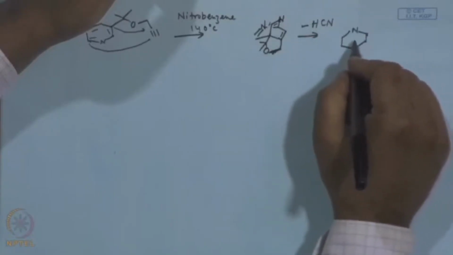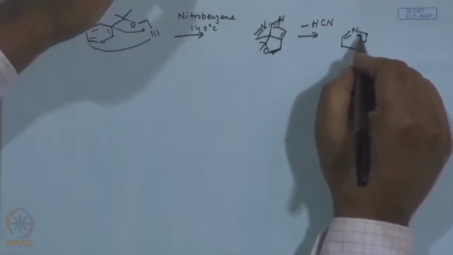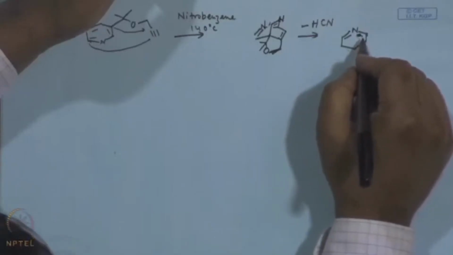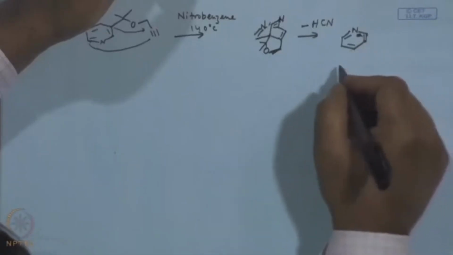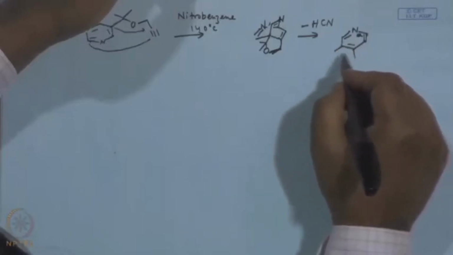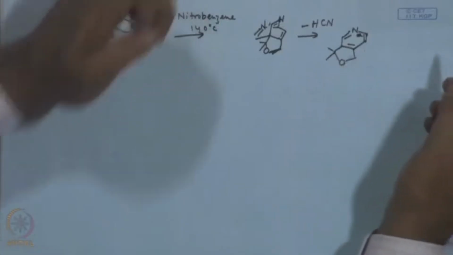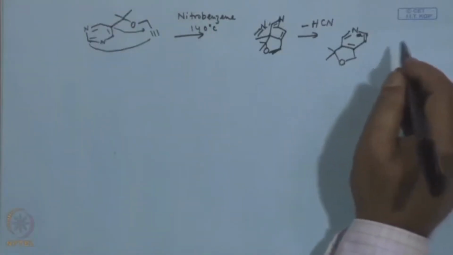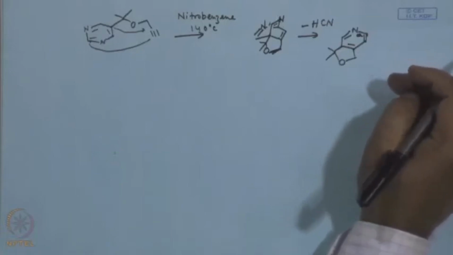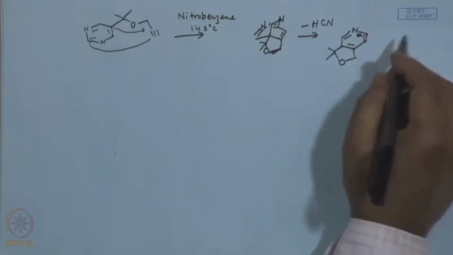Pyridine nucleus, and 1, 3. So, you will have oxygen and this. So, you will have this: pyridine, so furopyridine, pure furopyridine.